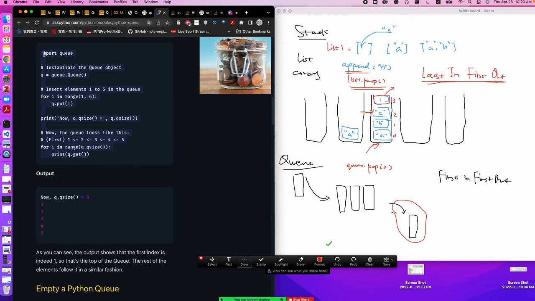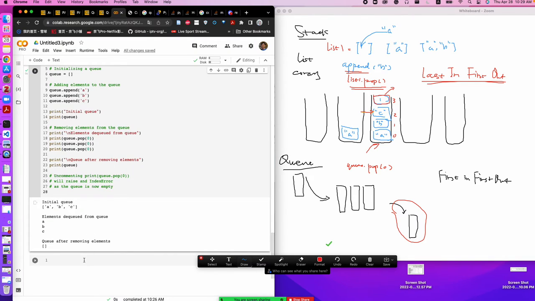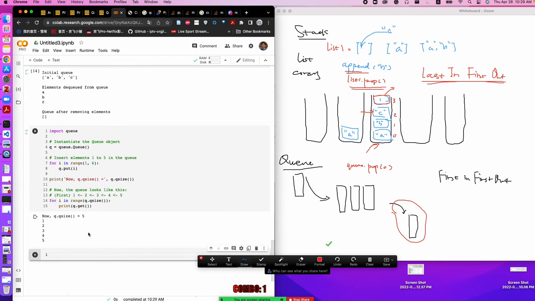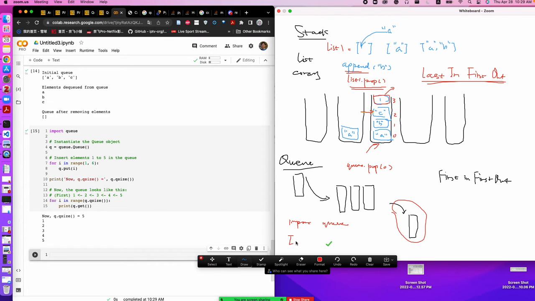Okay, so in this package, the way to dequeue, I guess, is using queue.get. By importing queue, in this example, we initialize a queue of numbers 1, 2, 3, 4, 5, 6, and this is the head of the queue.